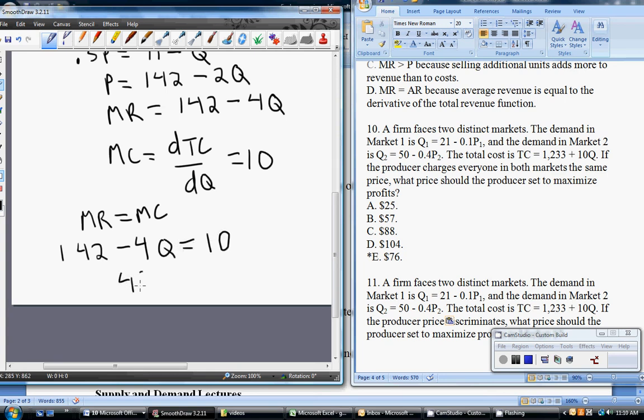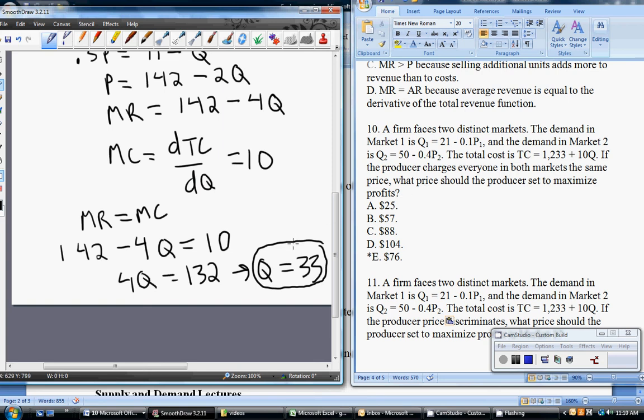So 4Q equals 132, and this means that Q equals 33. So that's the profit maximizing output, but we're asked to find the profit maximizing price.